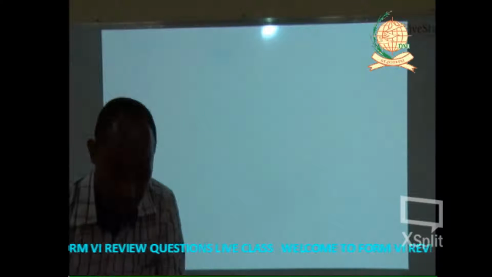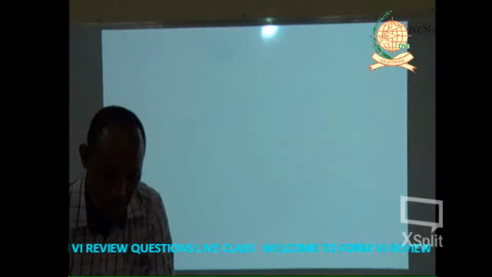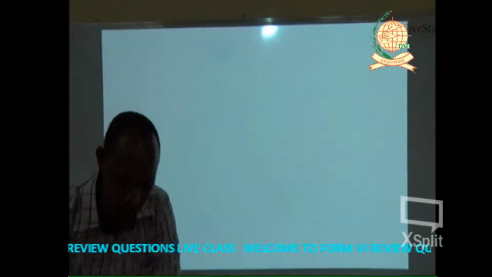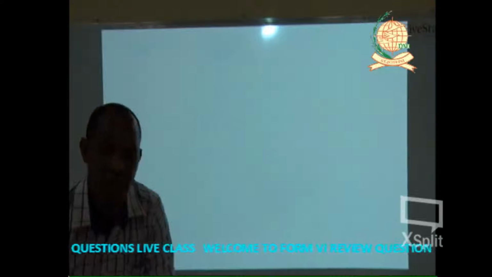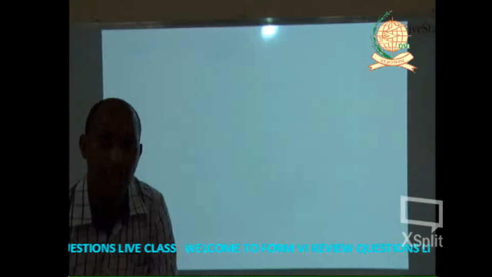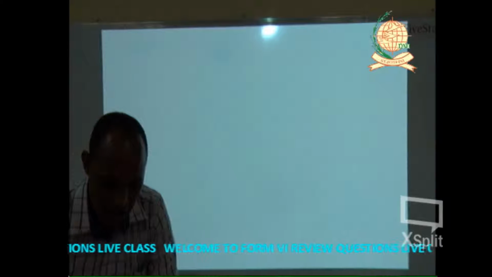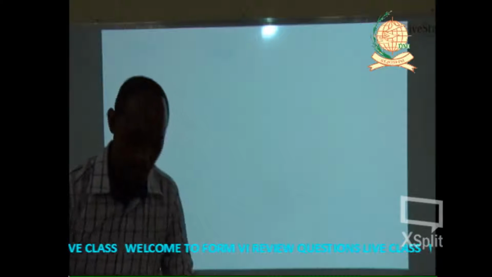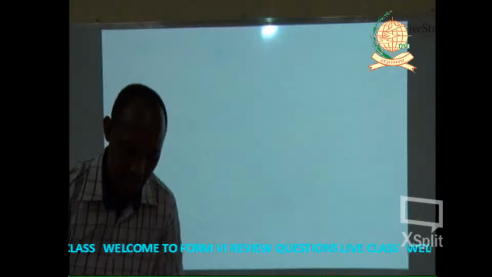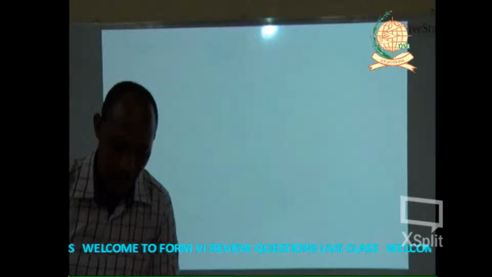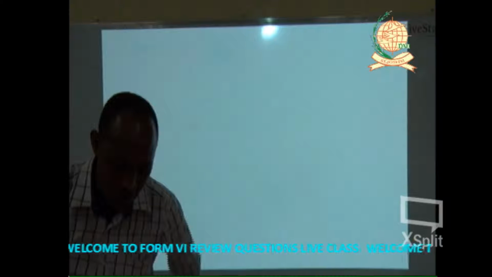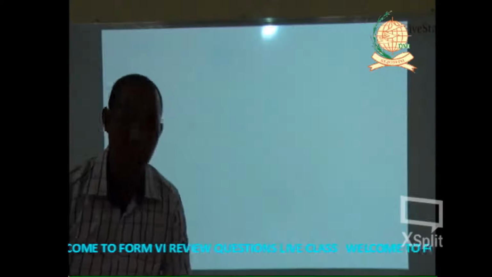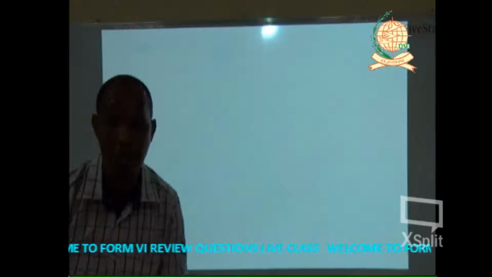This paper involves two sections, section A and B. The candidates are supposed to answer all questions in section A and only two questions in section B. So today, let me continue with question number 4.